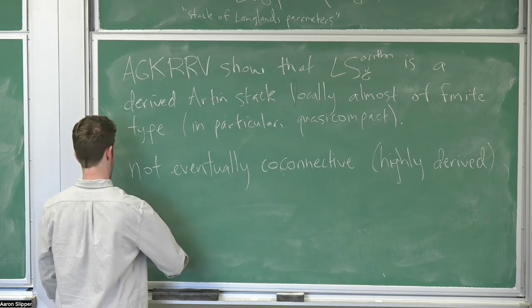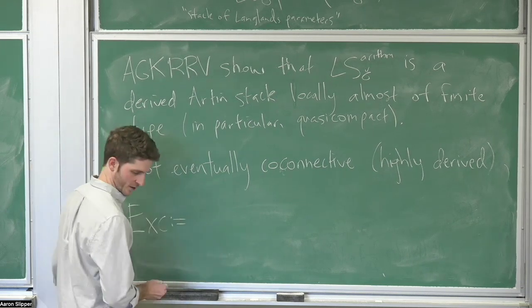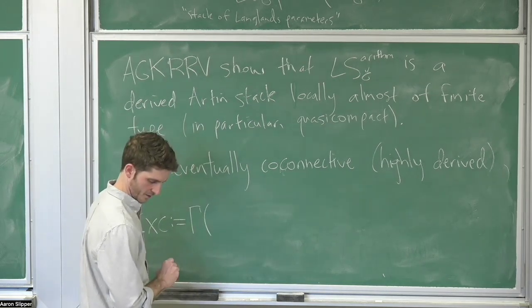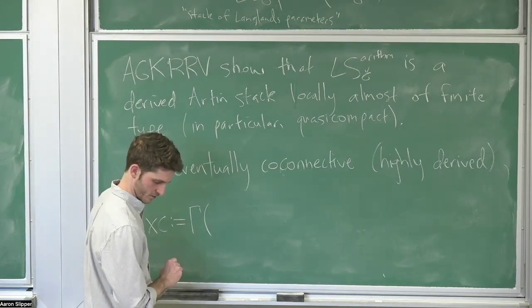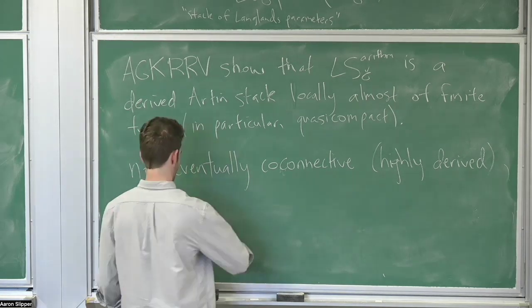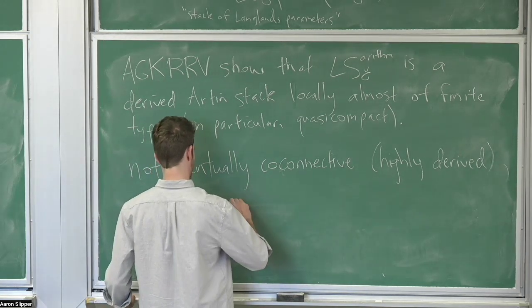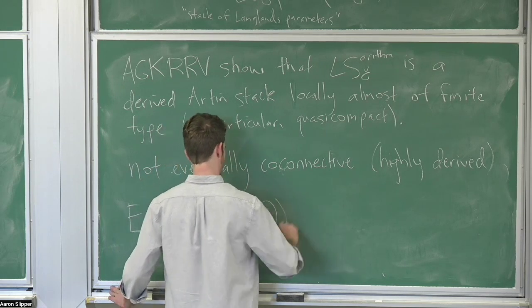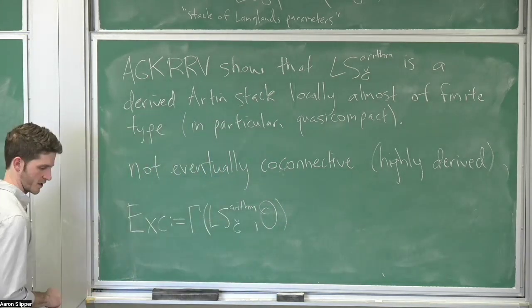Okay, and then now we can define what they call the algebra of excursion operators, and this is definitely in reference or homage to Lafforgue's work. So, namely, I take the structure sheaf. This is a well-defined algebraic stack. I can take global sections of the structure sheaf. I can take global functions.